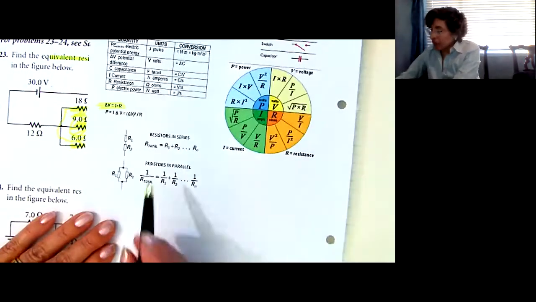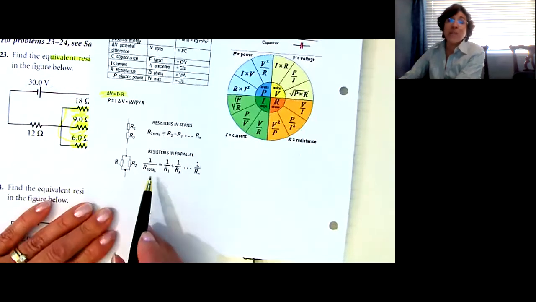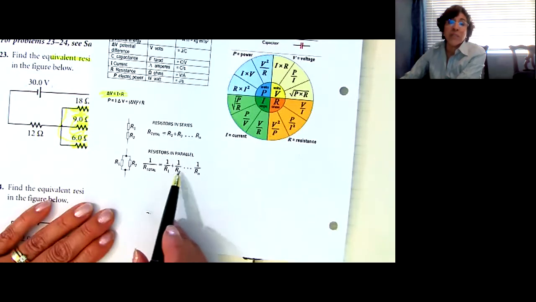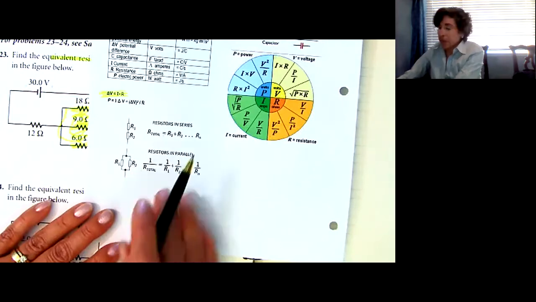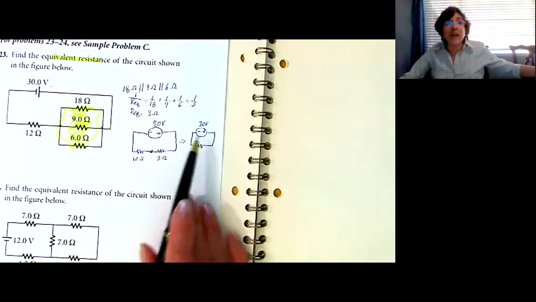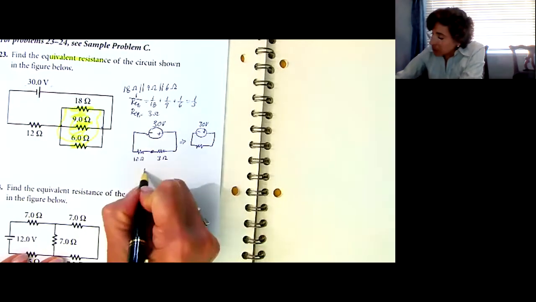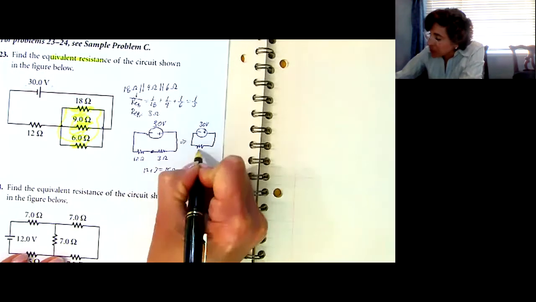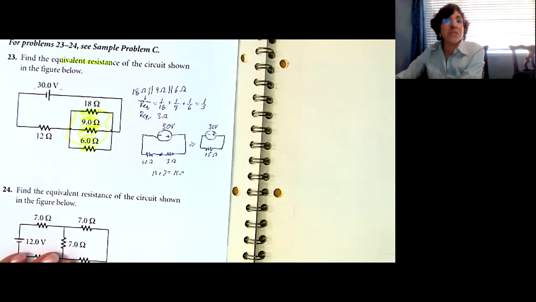If they're in series, we just add them up. If they're in parallel, the inverse of the equivalent resistor is the sum of the inverses of all the resistors that are in parallel. So I have a 12 ohm and a 3 ohm in series. I just add them up. So 12 plus 3 is equal to 15 ohms. So that's my equivalent resistance.